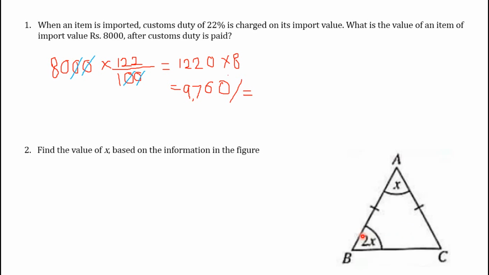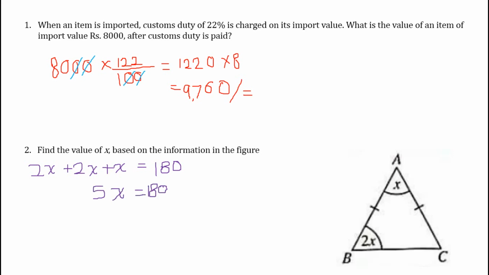So that will be 2x plus 2x plus x will be equal to 180. The angles in a triangle, which means the interior angles in a triangle, adds up to 180 degrees. So now let's put the equation and find the value of x. So this will be the equation 2x plus 2x plus x equals 180.